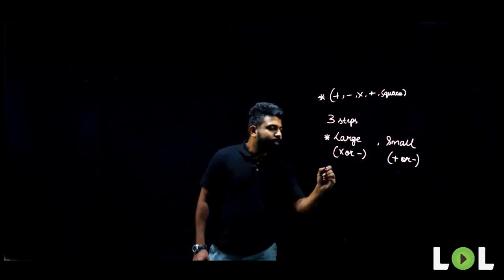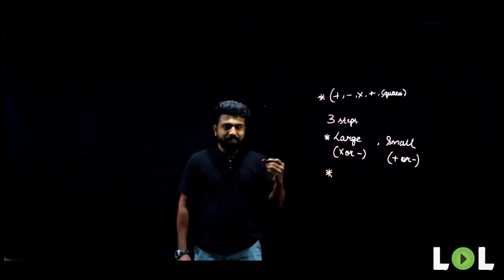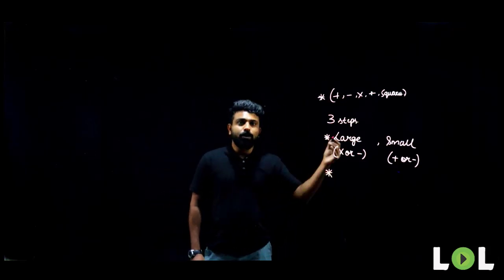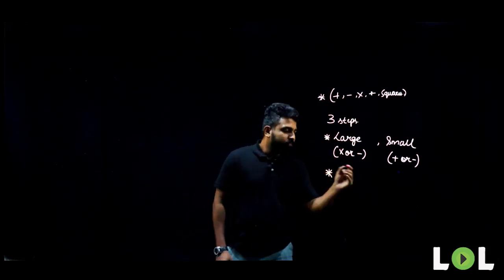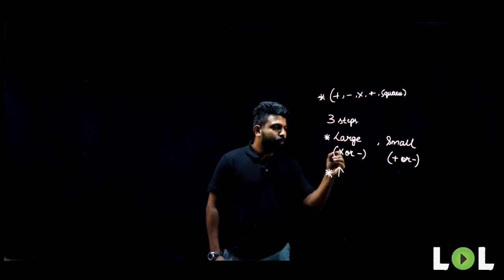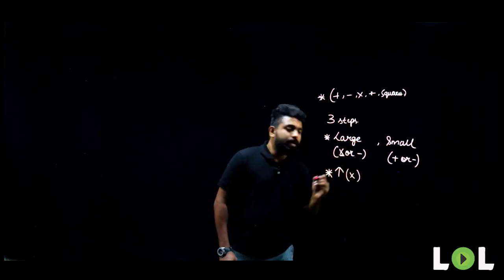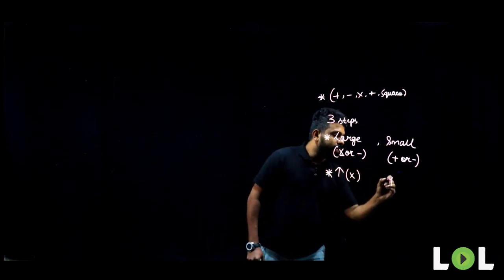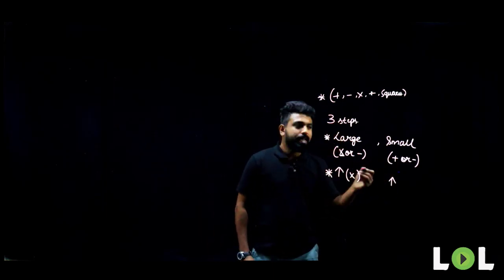Now, what did we do in our second step? We checked if there is an increment or a decrement. If there was an increment and the difference was large, we knew that there was multiplication involved. And if there was an increment and the difference was small, what was it? It was addition.